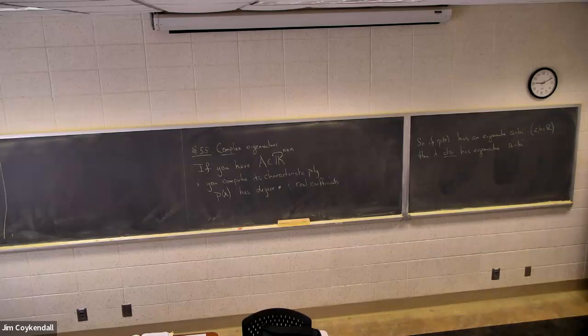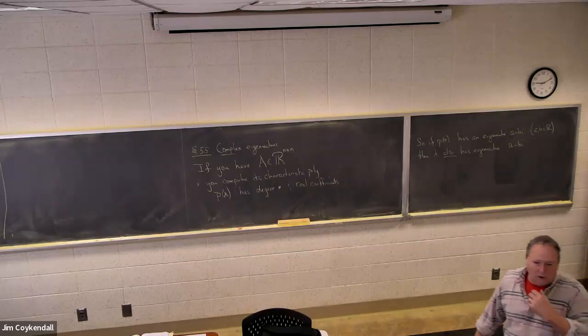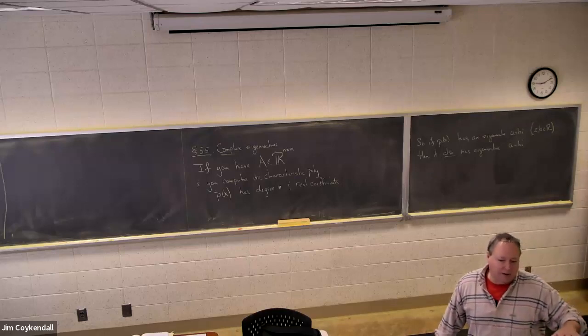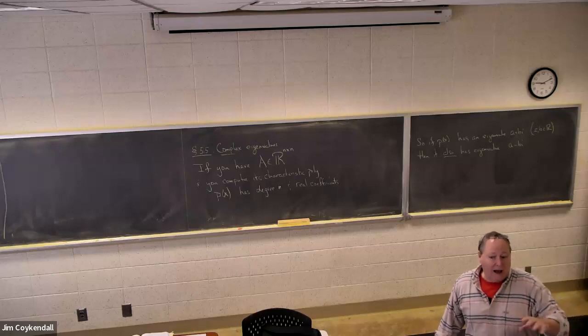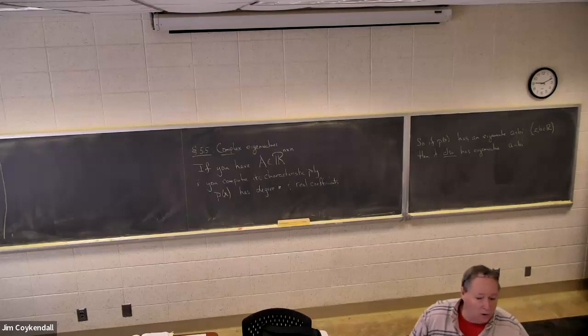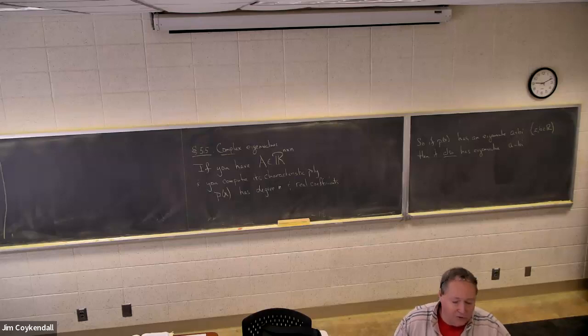And of course, every real polynomial, just like we said in partial fractions, factors into a product of linears and irreducible quadratics. There is no degree 3 polynomial with real coefficients that is irreducible, because a degree 3 polynomial has to cross the x-axis at least once. So it's got at least one real root, so you can always break it down.